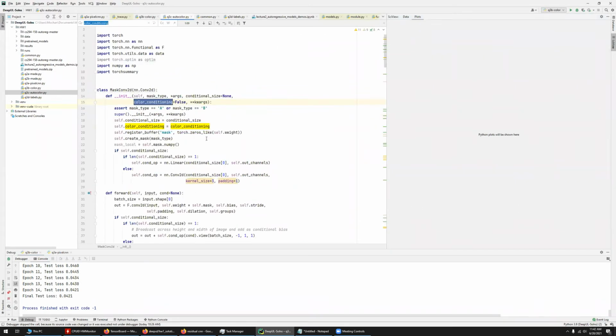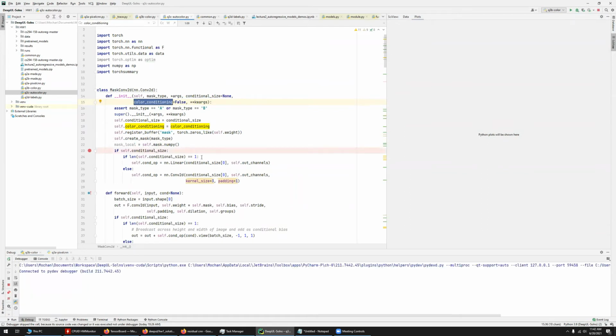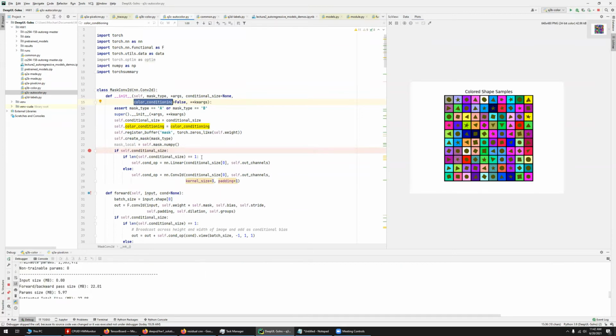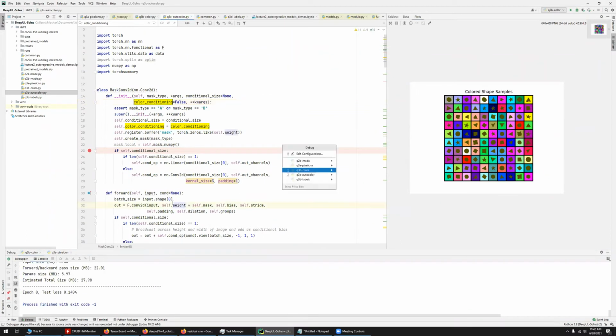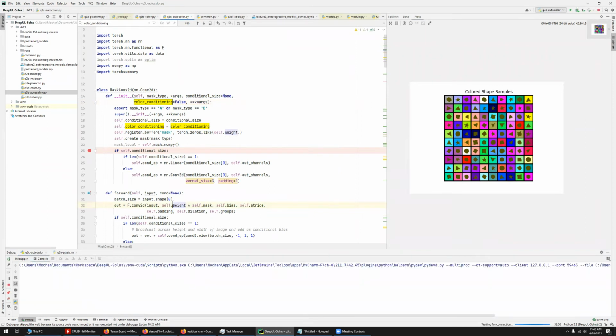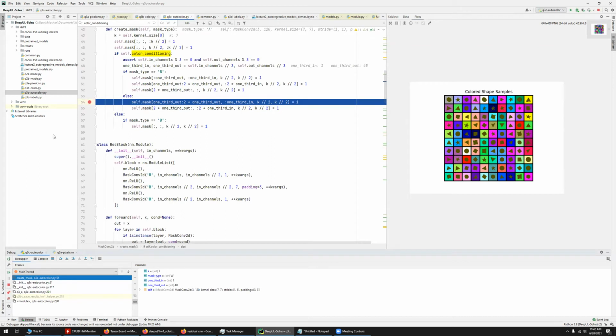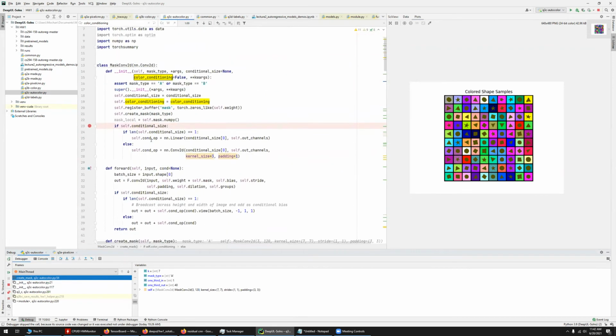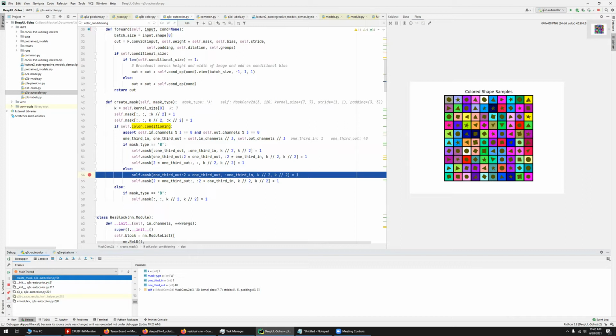And so if we look at the mask when it gets here. Oh no, I forgot something. Okay, here's the code to create the mask. So if we're color conditioning, then there's an in channel divided by 3.